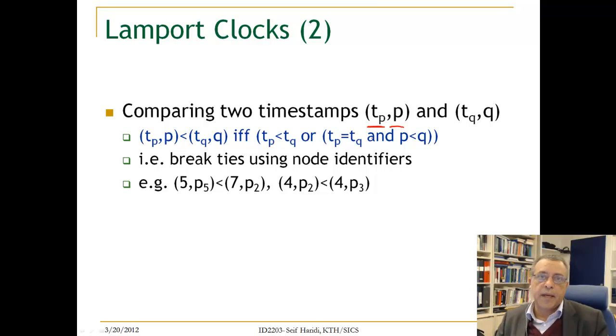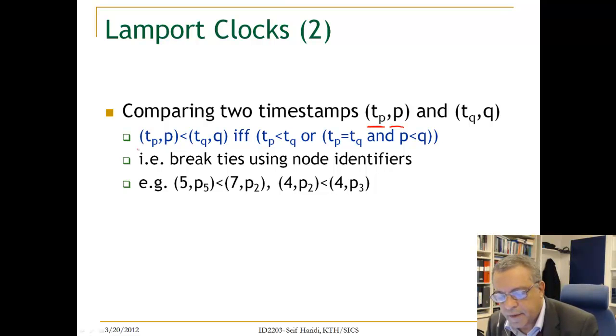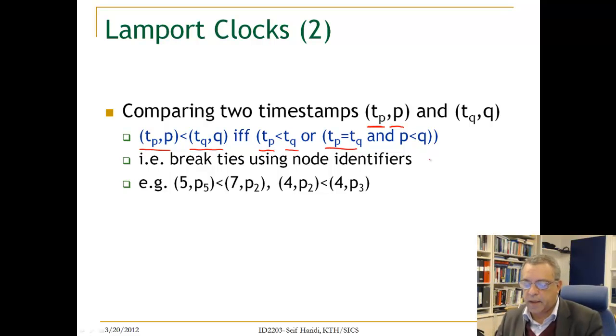We do the comparison based on lexicographic order, which says that (t_P, P) is less than (t_Q, Q) if either t_P is less than t_Q, or in case they are equal, then the process identifier of P is less than the process identifier of Q, considered as numbers. So we break ties using process identifiers.